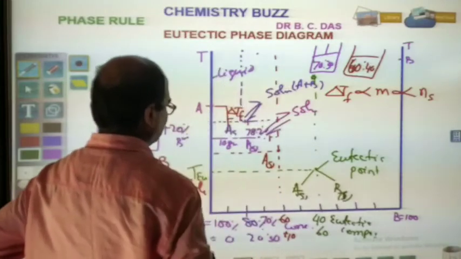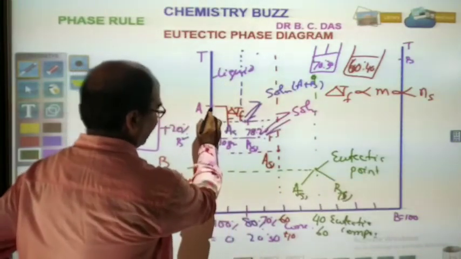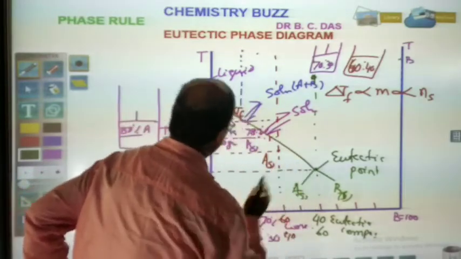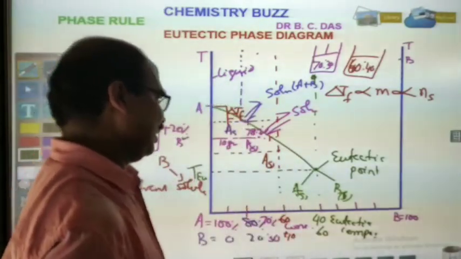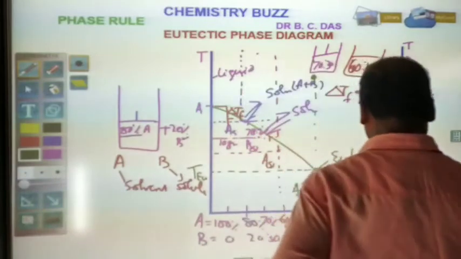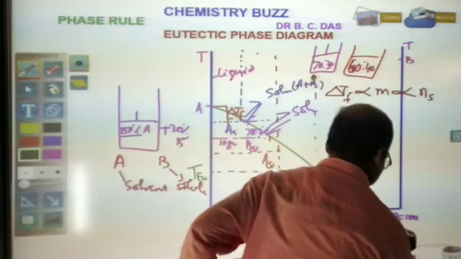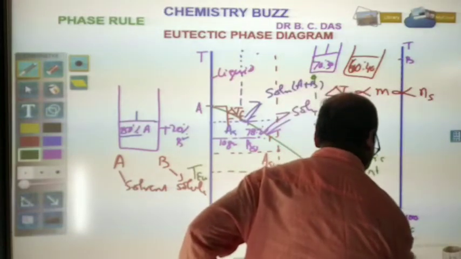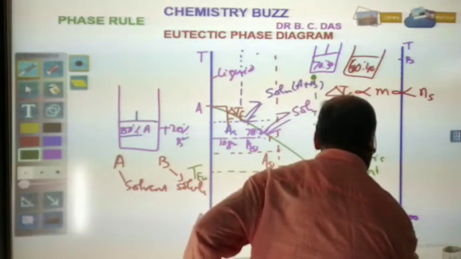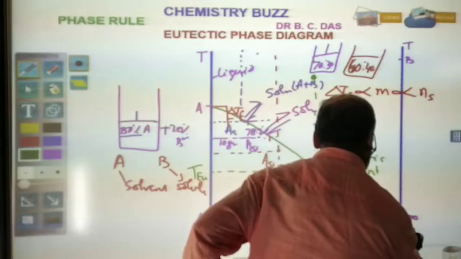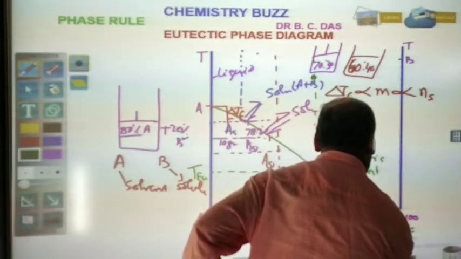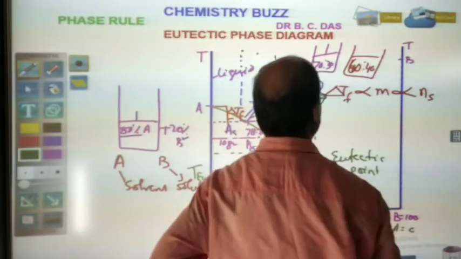If we join these points, you will get a curve like this. Similarly, take 100% B and A will be 0 here, and A is 20% here, so A is 20%, B 80%.